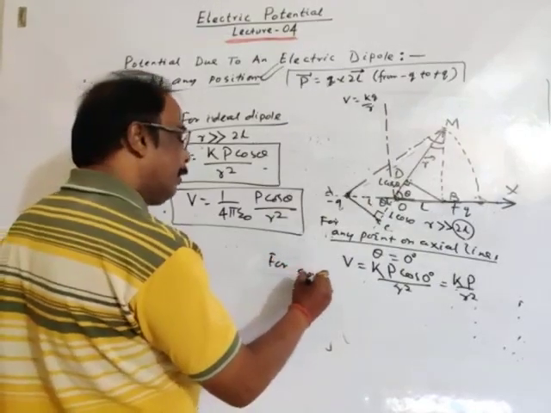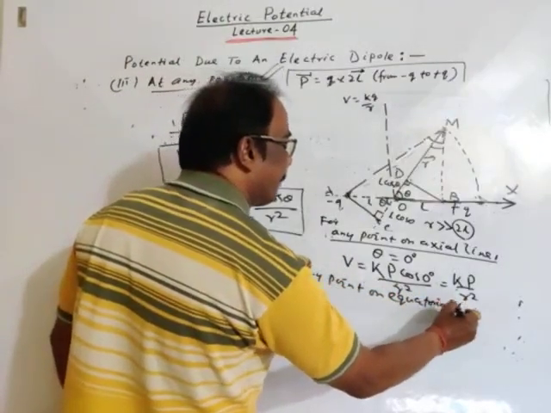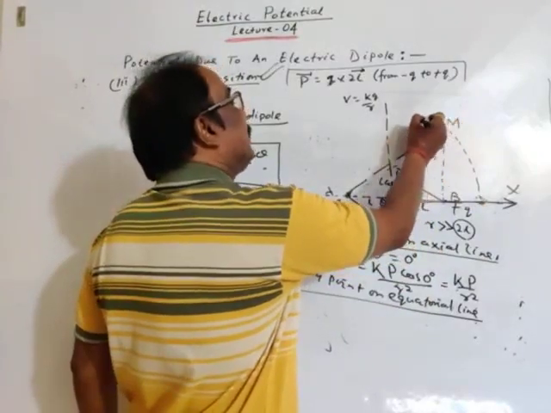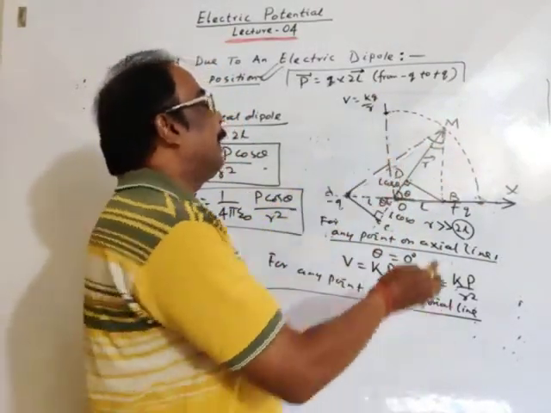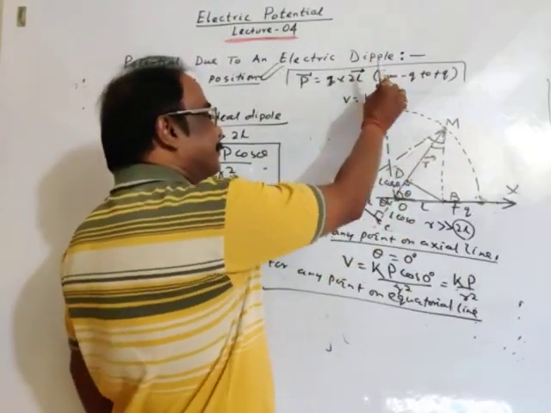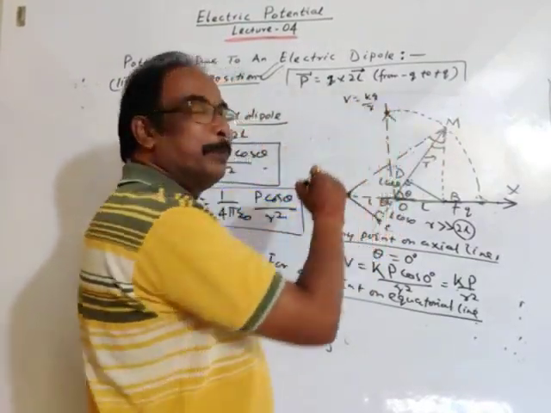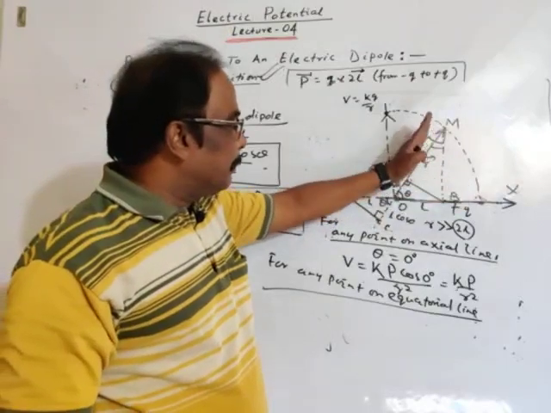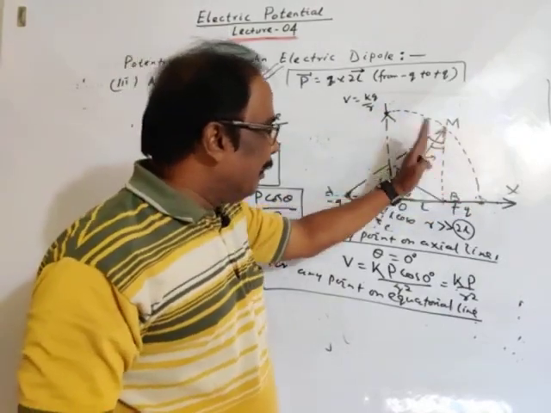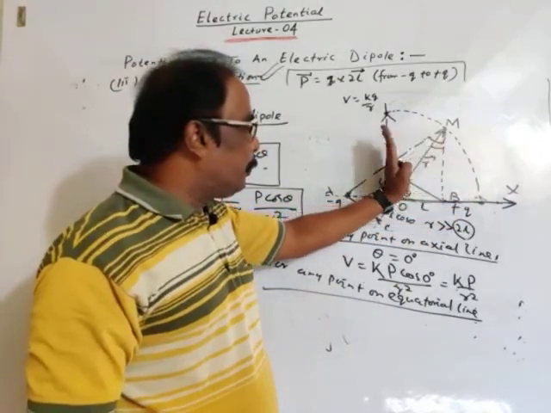For any point on the equatorial line, if point M is shifted to the equatorial line, then the position vector will be directed from O to Y. For the axial line theta is 0 degree, and as we move to the equatorial line, this angle theta will increase from 0 to 90 degree.